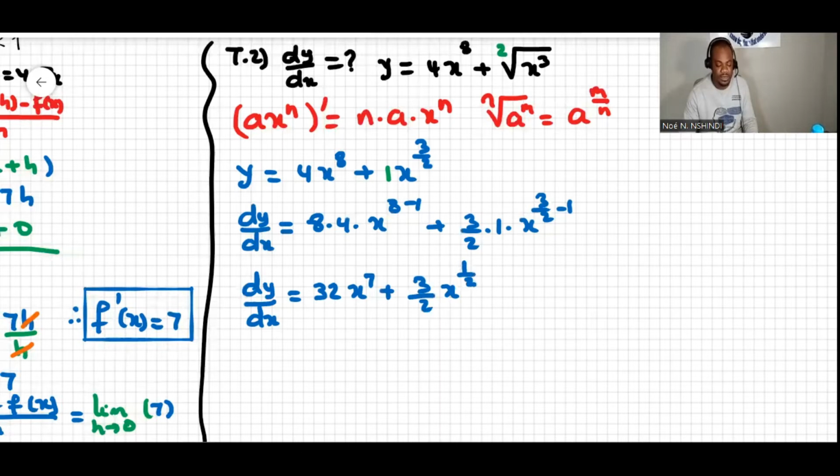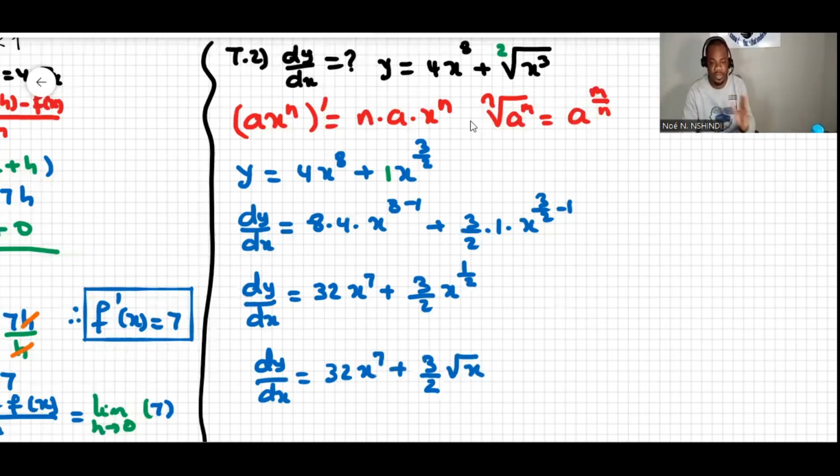And then dy/dx will be equal to 32x to the power of 7 plus 3 over 2 square root of x, okay? You remember those laws can be worked forward and backward as well.